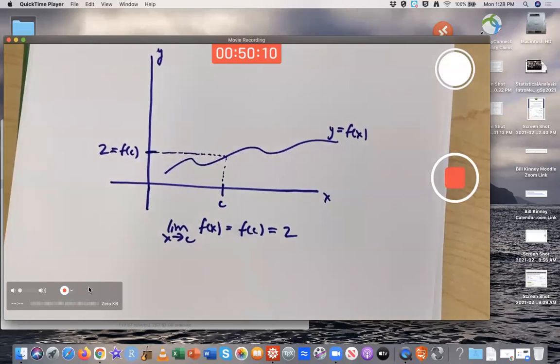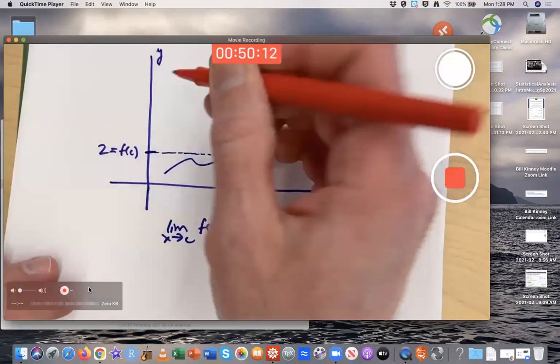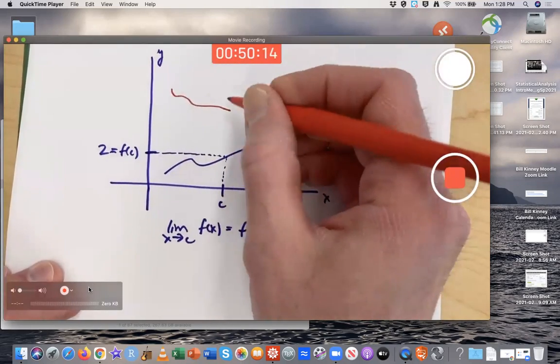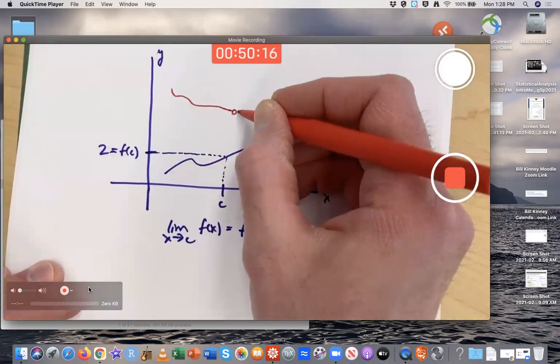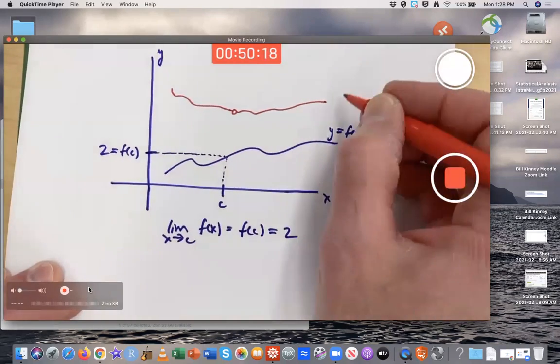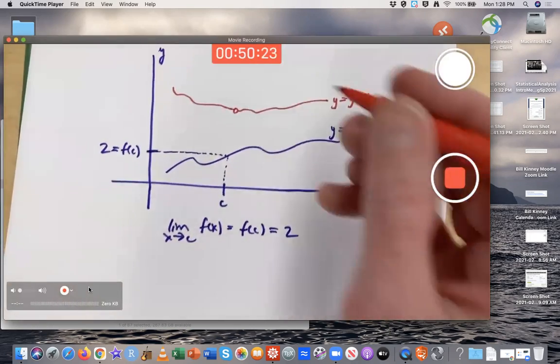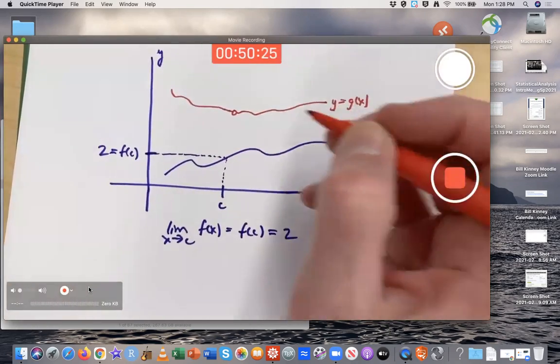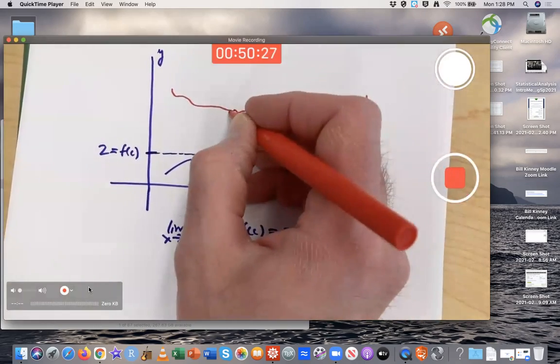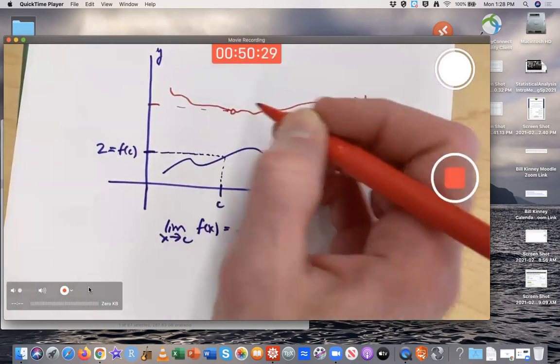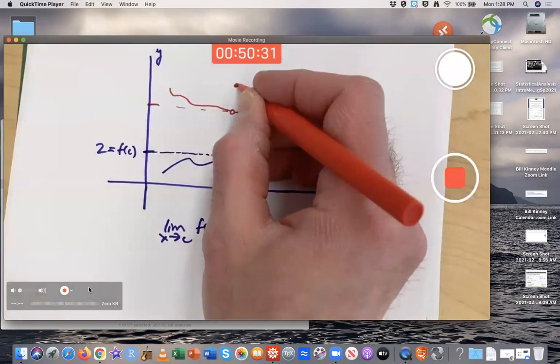This is really what it means to be continuous at c. Because if I draw another function, maybe up here, that happens to not be continuous at c, y equals g of x, and maybe it is defined at c, but it's defined to be something else other than the second coordinate of this point. Maybe it's up here.